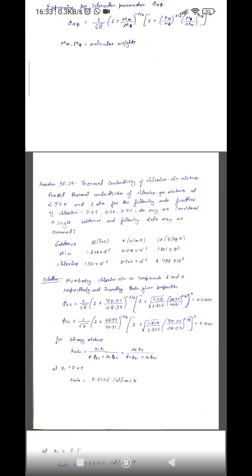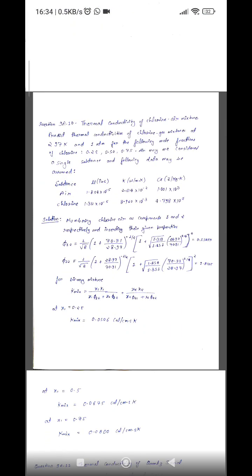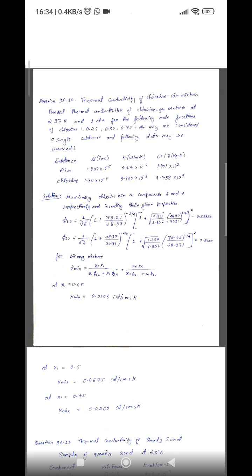Both chlorine and air viscosities, thermal conductivities and heat capacity are given, so this data should be assumed in solving the question. From this data we can calculate phi alpha beta for both cases.